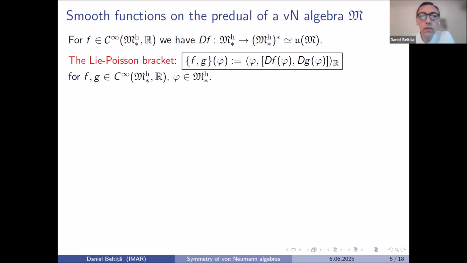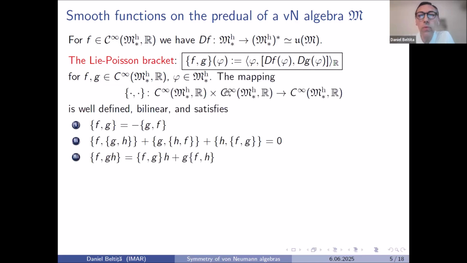And this simple construction has the following properties. It defines a bilinear map on the space of smooth functions with values in itself. And it has the following properties. It is skew-symmetric, satisfies this Jacobi identity. So in particular, it is a Lie algebra bracket on the space of functions.